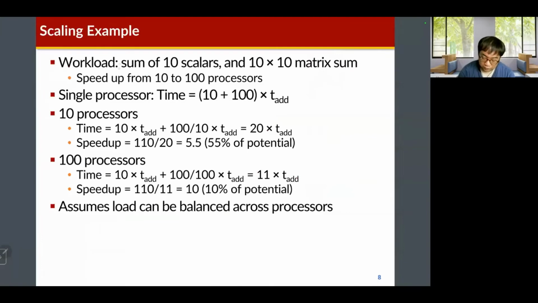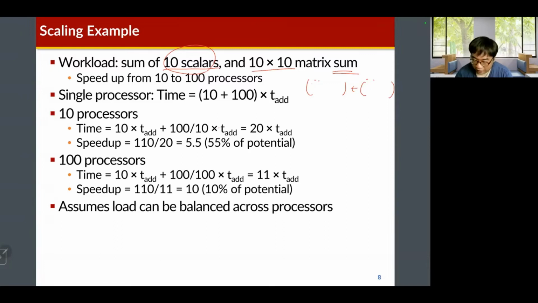Let us assume this workload is composed of a sum of 10 scalars, which is a sequential part, and a 10 by 10 matrix sum. I believe everyone knows how to sum two matrices, right? So we can implement parallel addition for this 10 by 10 matrix sum.